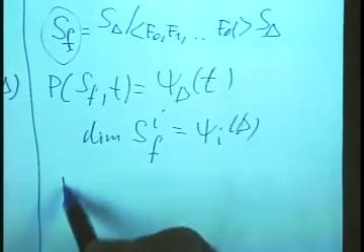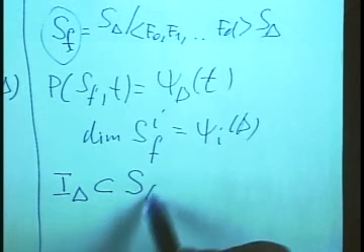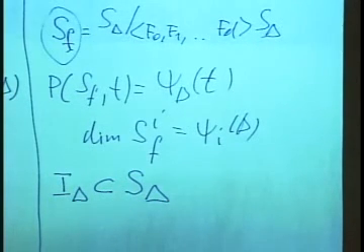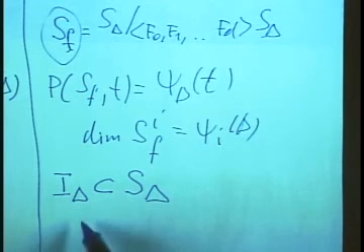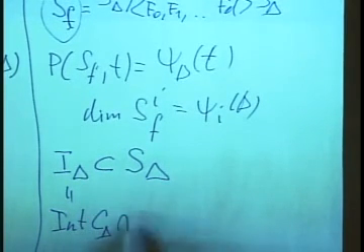But it's not the only object which is interesting in this connection. There is another object which is a module over this ring. It's constructed as follows. First, we construct an ideal in the ring S delta. This ideal is generated by all interior points. It's spanned by all interior points in the cone over delta intersecting with the lattice.